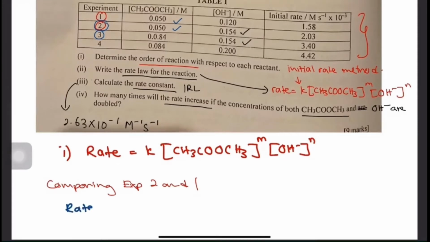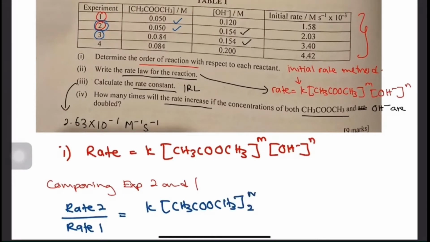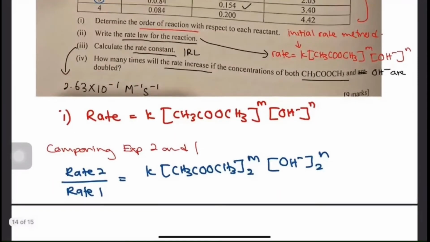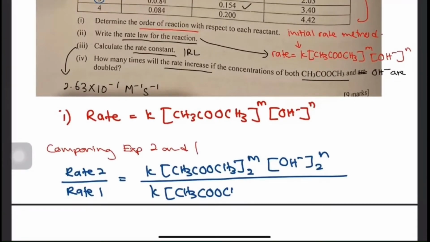So rate 2 divided by rate 1 will be equivalent to k multiplied by concentration of CH3COOCH3 for experiment 2 and concentration of OH minus for experiment 2, divided by k, CH3COOCH3 concentration for experiment 1 and concentration of OH minus for experiment 1.